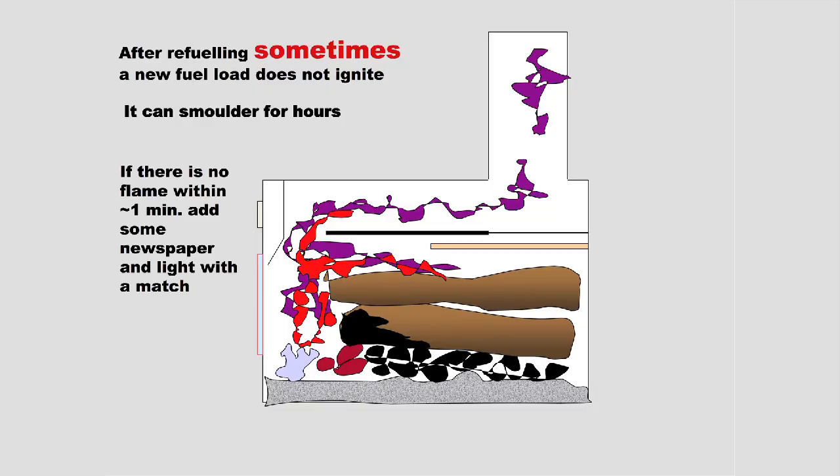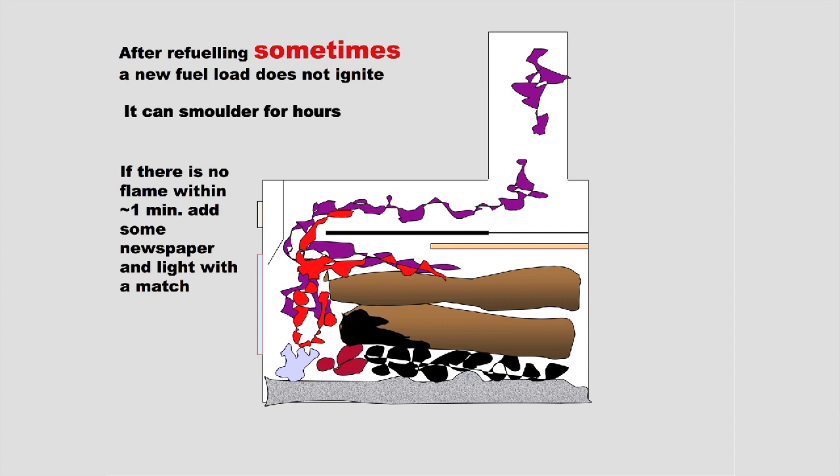Sometimes when you refuel, if the coal bed has cooled down below 600 degrees, you put the wood on and there is no flame present. It doesn't matter whether you've got the air control fully open or not, you just don't get any flame.